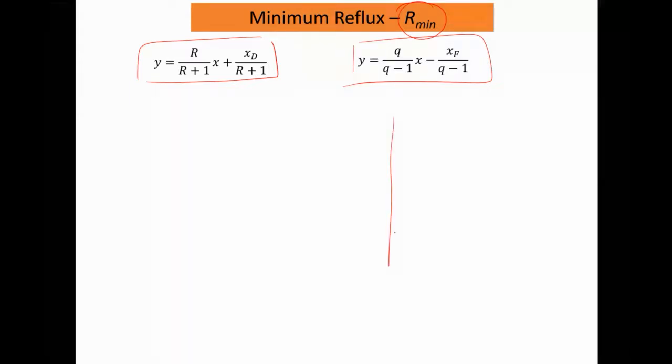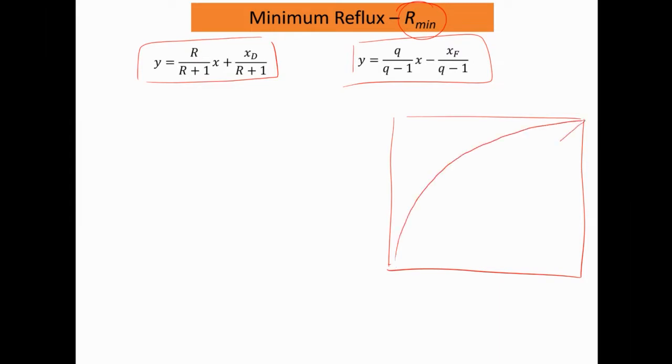And we said all we have to do is draw the equilibrium data. Then you draw, now this is your XD, of course, and this is your XF here. This is your XW. This one is equal to 0.45 and this is 0.96. Now, in order to determine the minimum, you don't have to worry about the bottom section.